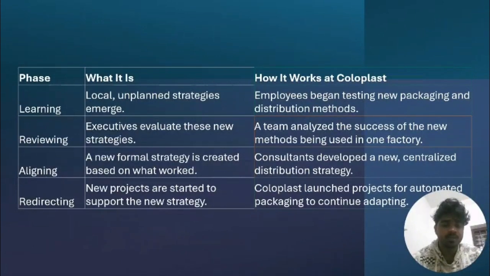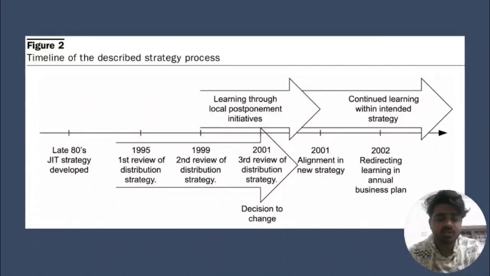This table is a summary of the phases which we learned about: learning, reviewing, aligning, and redirecting. This figure shows the strategic evolution of Coloplast over time. In the late 80s, the just-in-time strategy was developed, and from 1995 to 1999, the first and second review of distribution strategy happened.